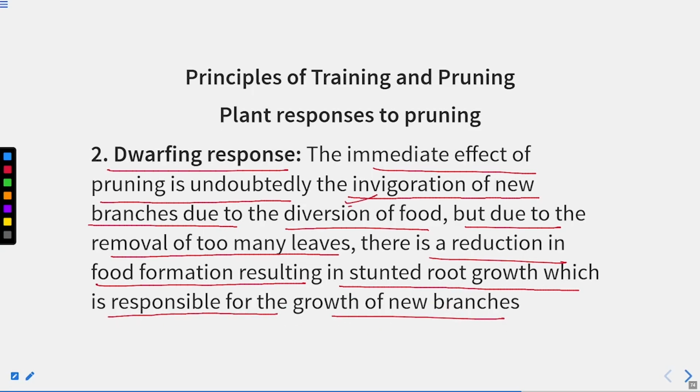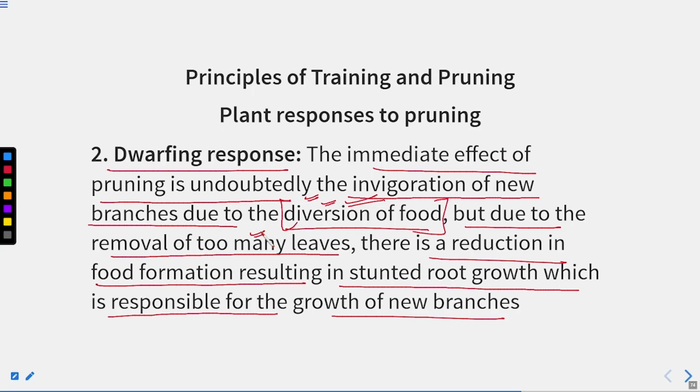So diversion of the food is very, very important. When you cut some of the branches and at the cut point there is a presence of a bud, then the food of the branch will move toward that side because it needs more growth, right? So there is a diversion of food.